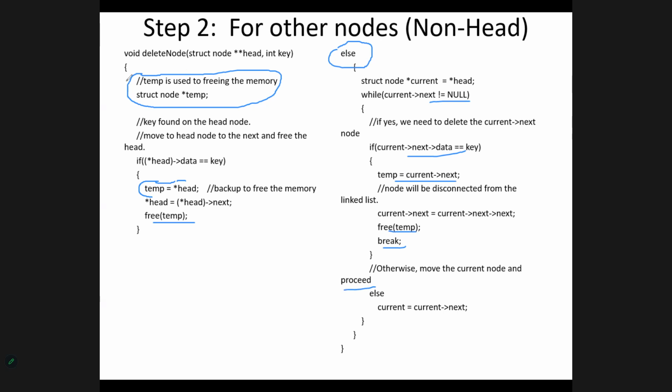If head data is the key, very easy. Else we need to go ahead and find the key and remove the target one, and assign it to temp. If you don't need that memory after that, you can free up the memory. Very easy.